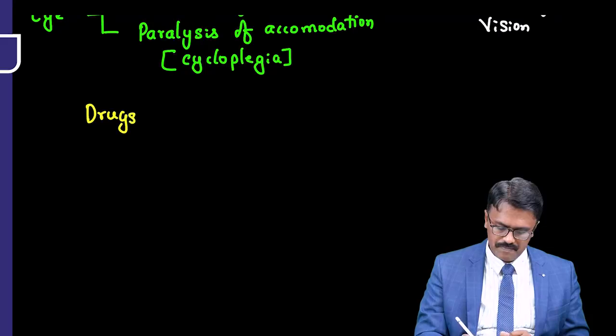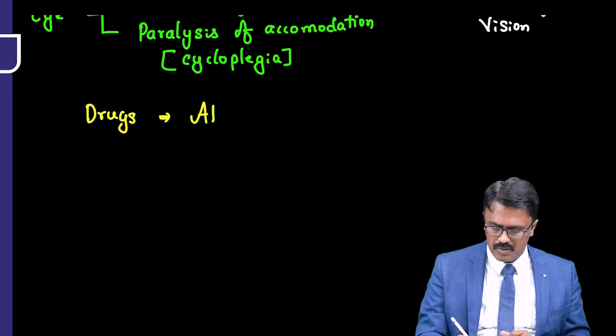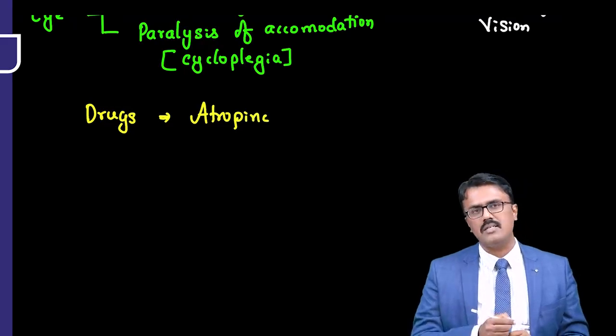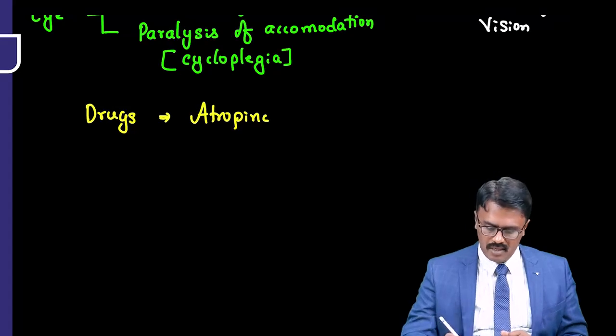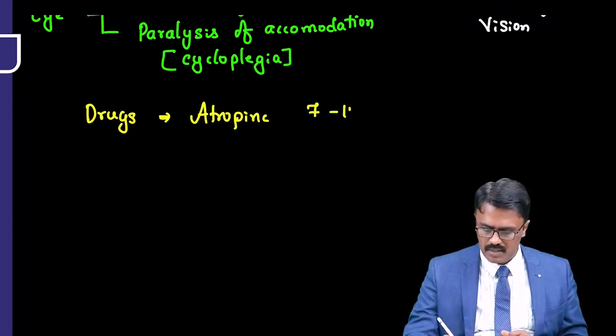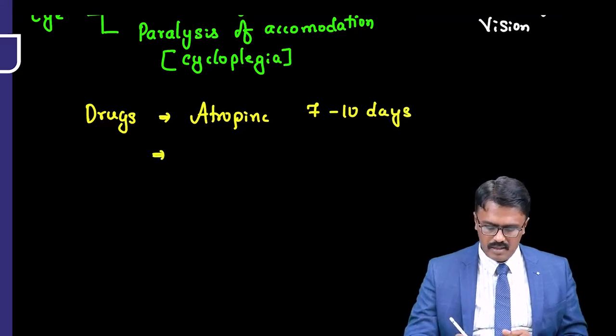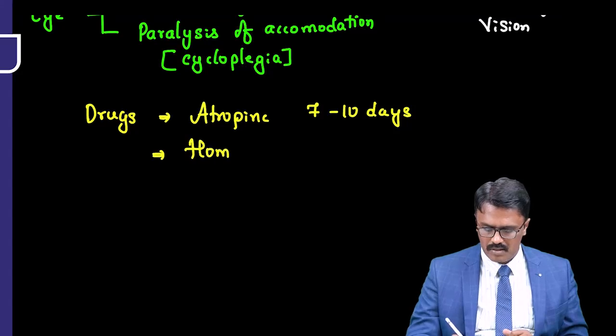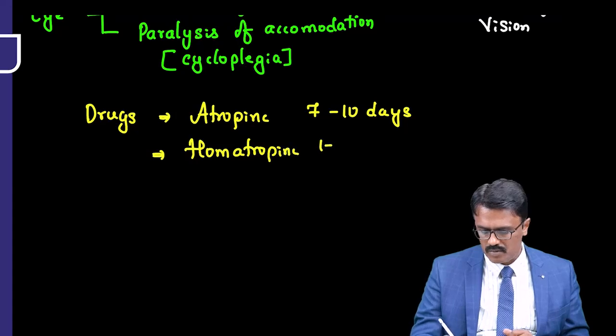Let me write. The name is atropine. Now atropine is the longest acting drug. It works for 7 to 10 days. Another drug is homatropine, and it works for 1 to 3 days.